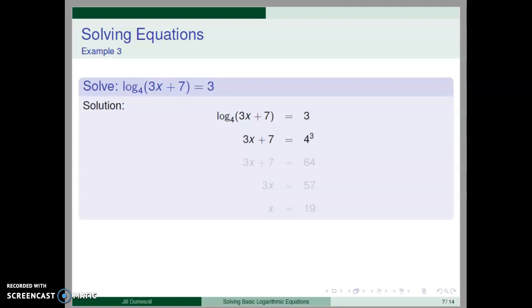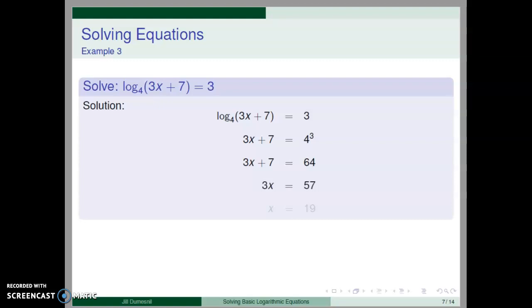This time, we can convert our given logarithmic equation to the equivalent exponential form. To get 3x plus 7, we must raise the base 4 to the power of 3. Replacing 4 to the power of 3 with 64, we get another linear equation to solve.